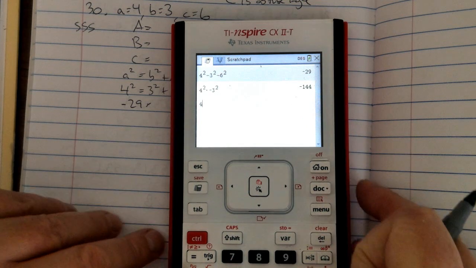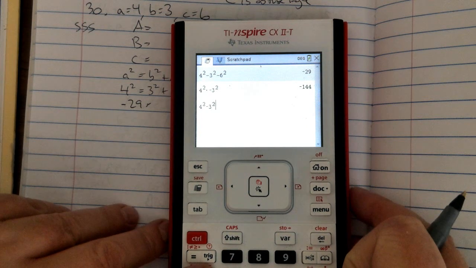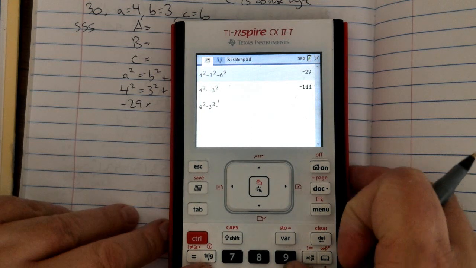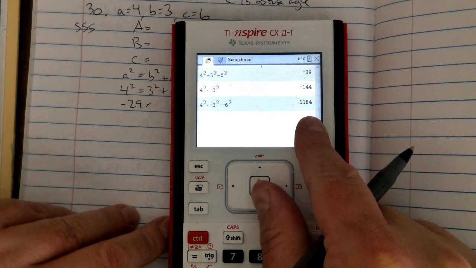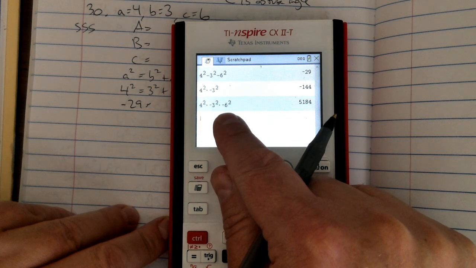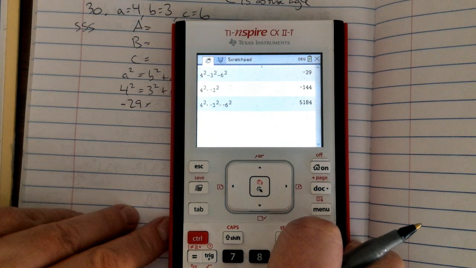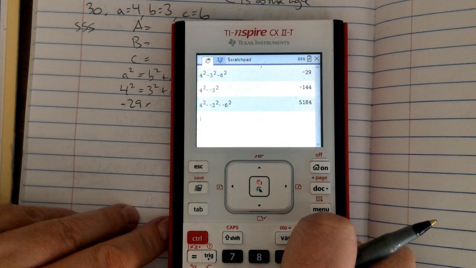So if I did 4 squared negative 3 squared negative 6 squared, that'd be huge, and that wouldn't make any sense. And again, notice they changed to times. So just again, make sure you're typing it properly.